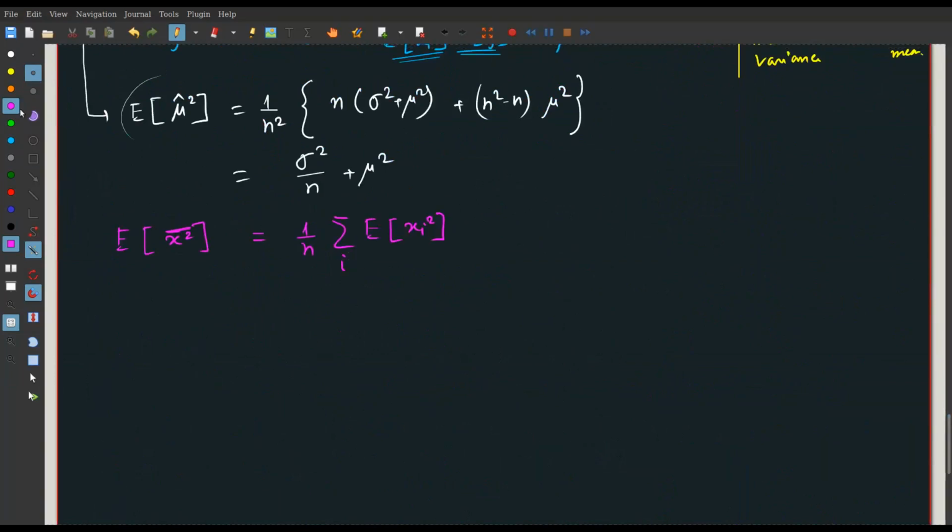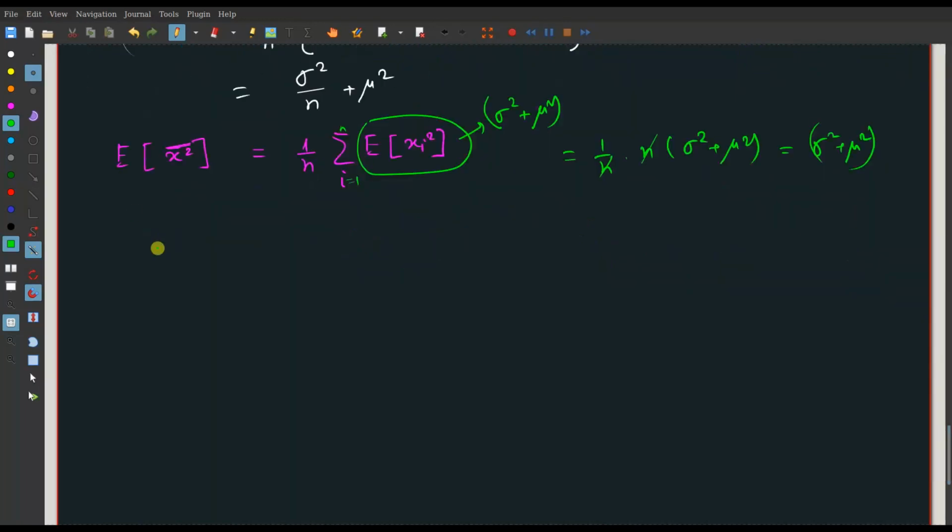Now this is the same for everyone, and we saw that this is sigma square plus mu square. For every i it is sigma square plus mu square, and you are summing from i equals 1 to n, so this is n times sigma square plus mu square. So this is 1 over n times n times sigma square plus mu square. The n cancels, and this is sigma square plus mu square.